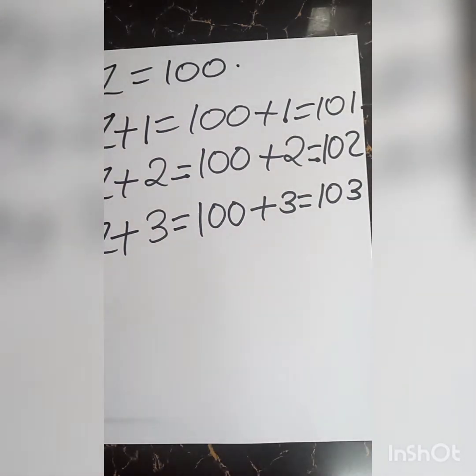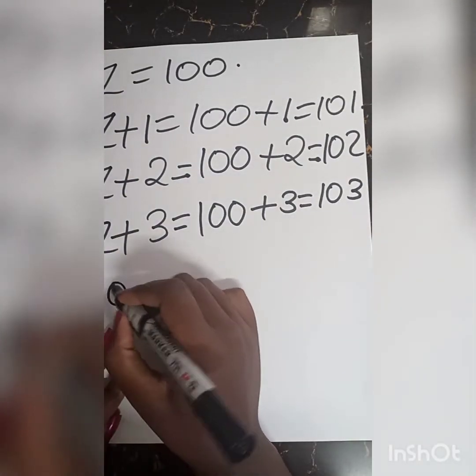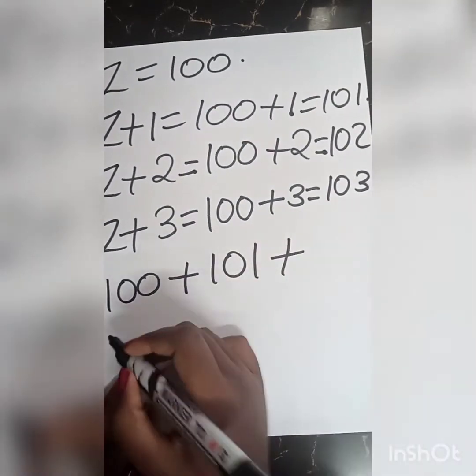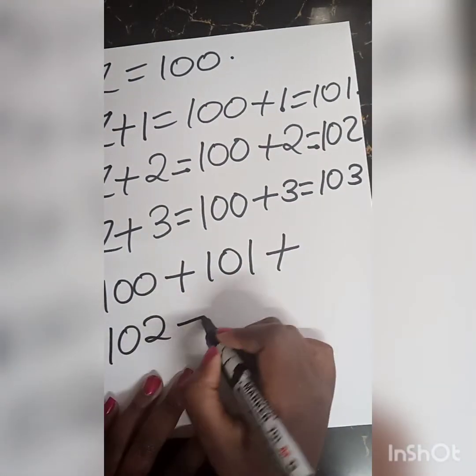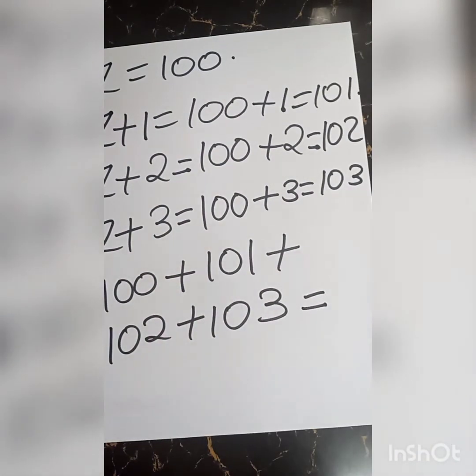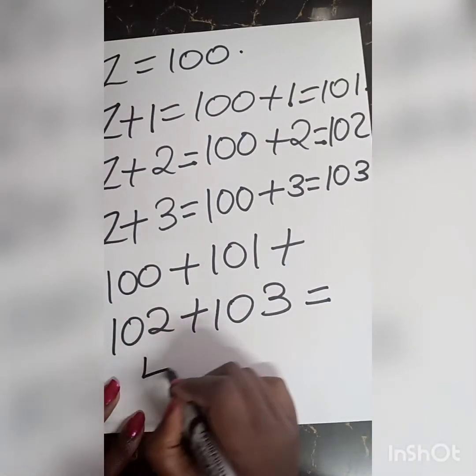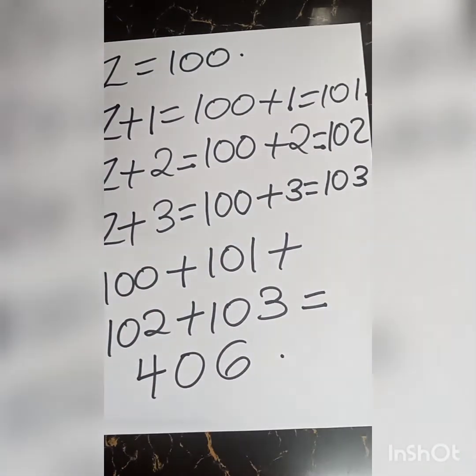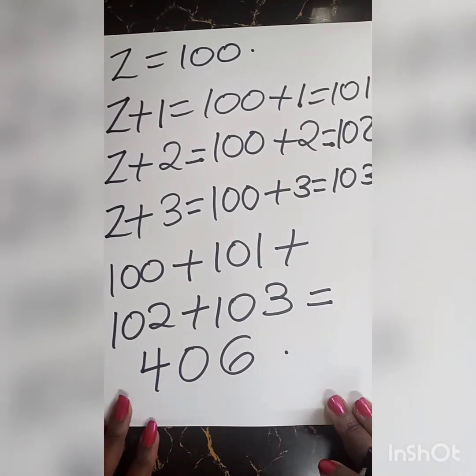Here we know that when you do 100 plus 101 plus 102 plus 103, when you add these four numbers together, you'll get 406. In this case, we know that we are right.